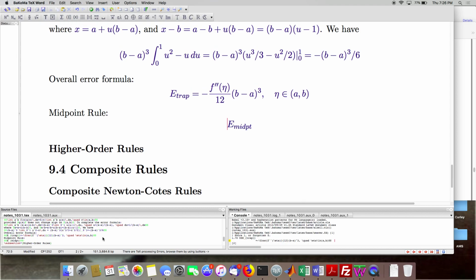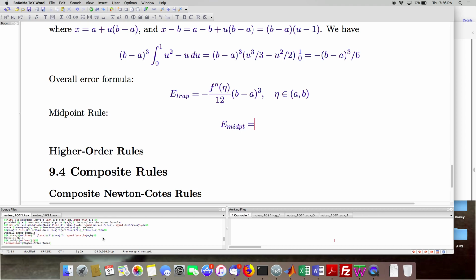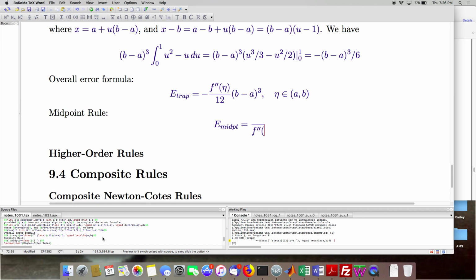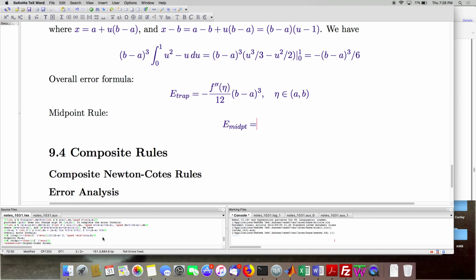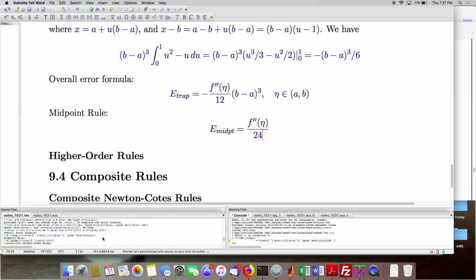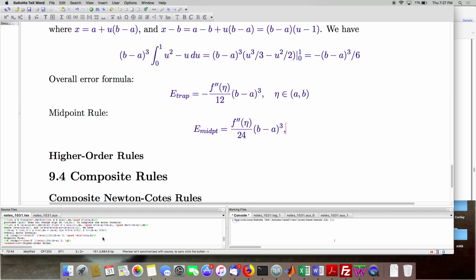Okay, so the error in the midpoint rule is equal to f double prime again at an unknown point, but, oh, whoops, that's supposed to be in the numerator, over 24 times b minus a cubed.